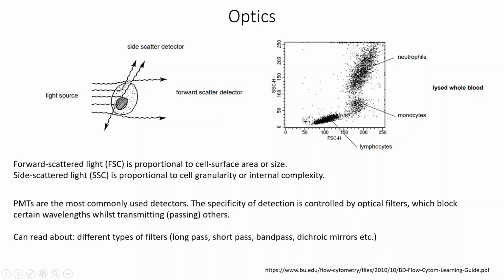Neutrophils, on the other hand, are also quite big, just like monocytes, and they are, as you know, granulocytes, so they have high granularity. No wonder the group of cells that are neutrophils are coming really high up, because they have high side scatter, or high granularity, as well as a large size. So they're high on the FSC axis as well.